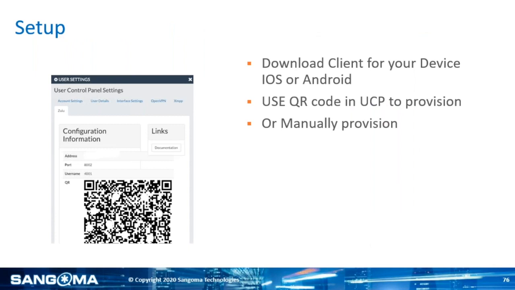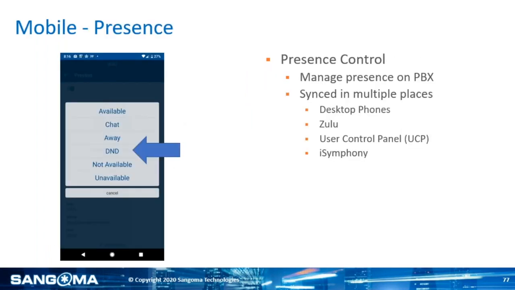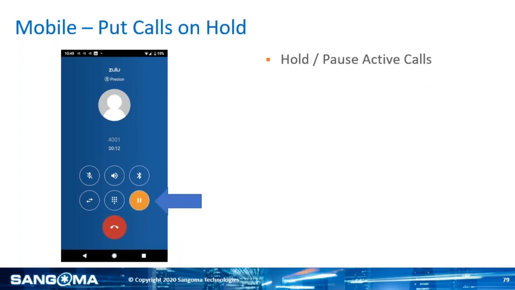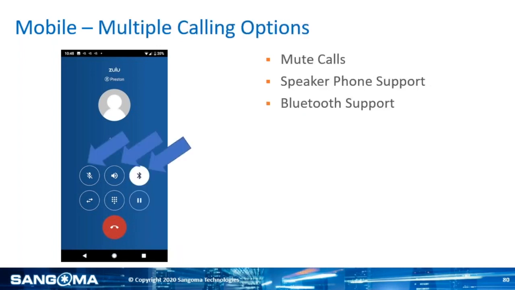So if you want to go ahead and set up Zulu within UCP, you can actually generate a QR code, scan it, and it sets it up for you. Easy peasy right there. You get the ability to control your presence just like you do on the desktop. You can make and receive phone calls using your phone extension. You can put those calls on hold. You can mute those calls.